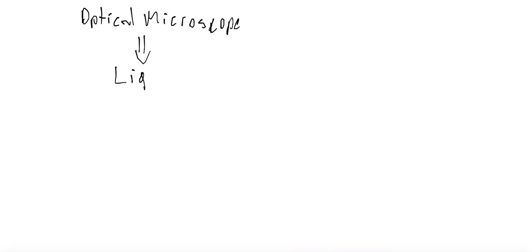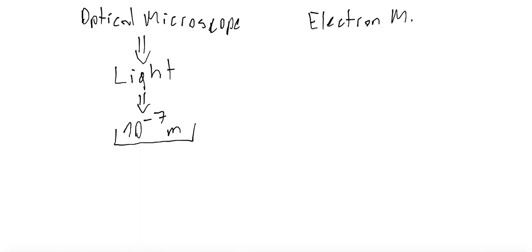If you have a typical light microscope, an optical microscope, then in the optical microscope we have light which illuminates objects. Light has a wavelength of 10 to the power of minus 7 meters, so details which can be seen are equal to 10 to the power of minus 7 meters. An electron microscope uses not light but a stream of electrons.